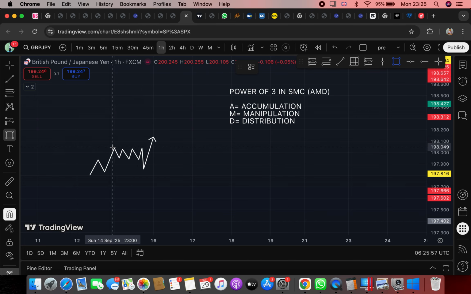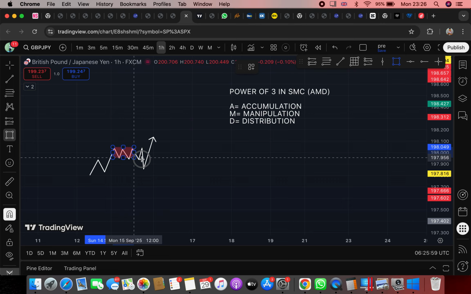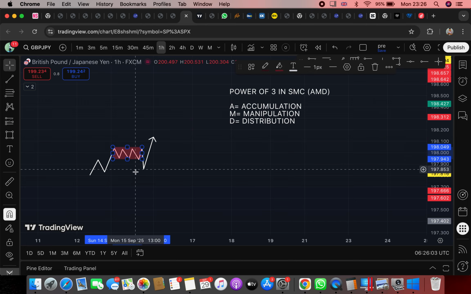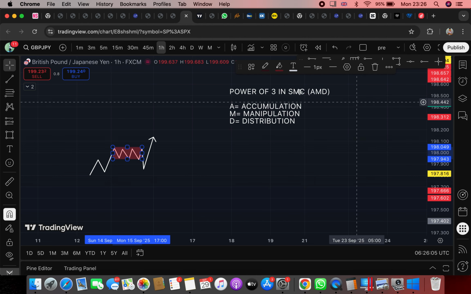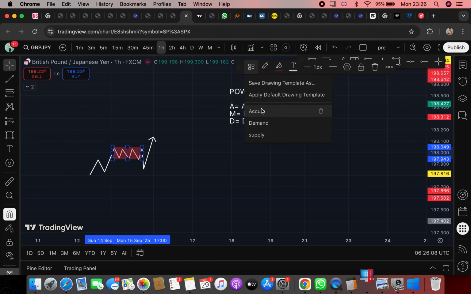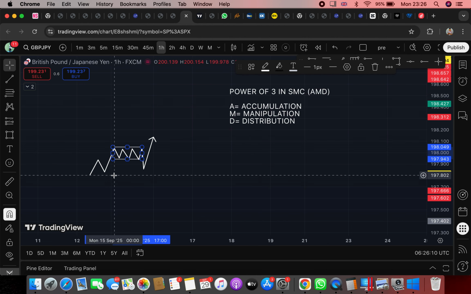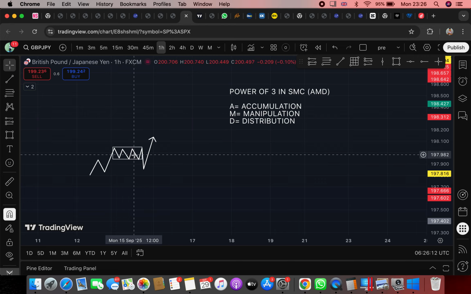Now from here, you see the market accumulated here. At this particular stage, the market accumulated here. So let's use this, the accumulation. If you notice here, the market accumulated there.